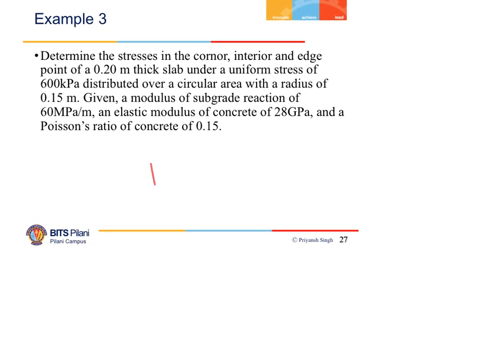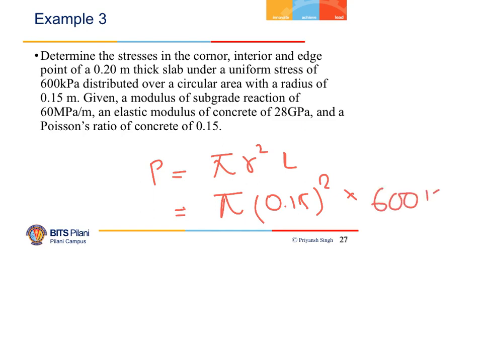The load P can be estimated by pi r square times the pressure: pi times 0.15 square, times 600 kPa. Just solve this, you will get the load P, and this P will be used in the formulas further.